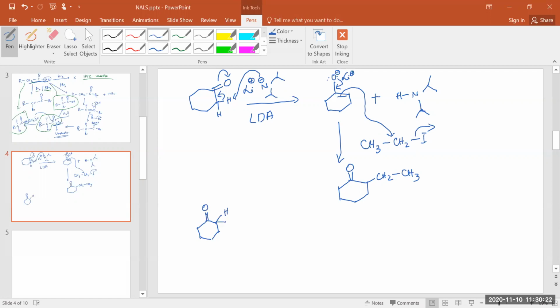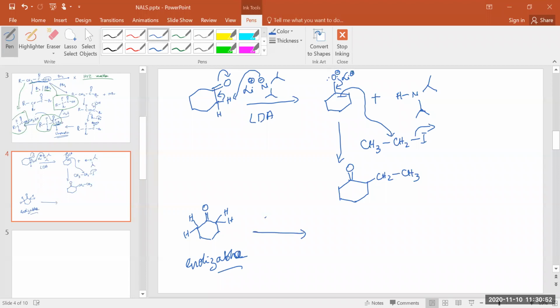let's say you have hydrogen here. How many alpha hydrogens are here? 4. Okay, so it means all these 4 hydrogens can be exchanged with an electrophile, particularly under a basic condition. Okay, so these are called enolizable hydrogens.